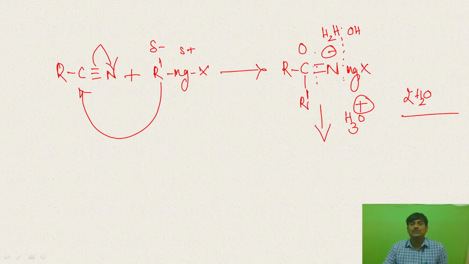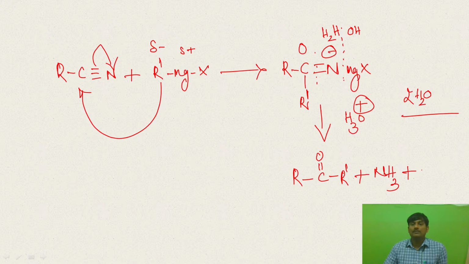If you take one H2O, oxygen will be attached to carbon and 2 hydrogens will be attached to nitrogen. If you take another H2O molecule, one of the hydrogens will be attached to nitrogen and OH will be attached to MgX. So finally you will get RC double bond O R dash plus NH3 plus MgX OH.